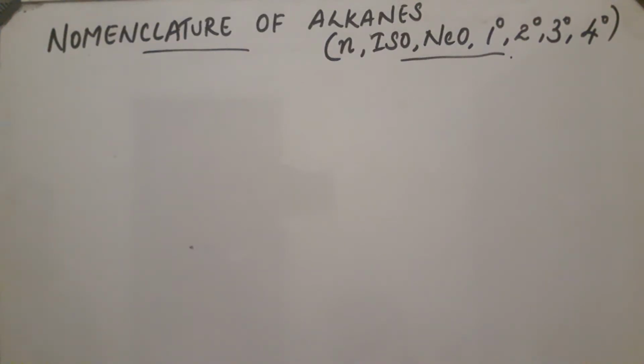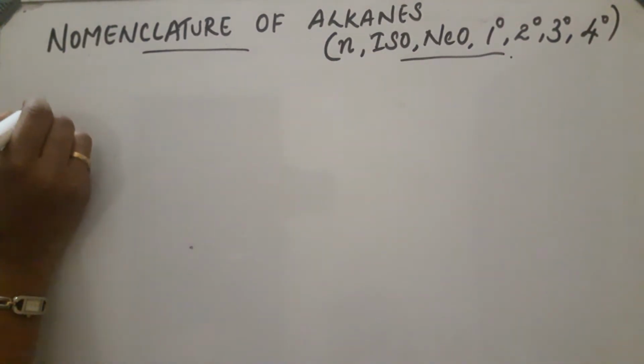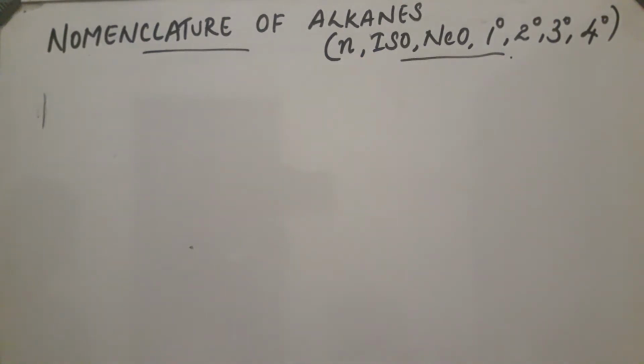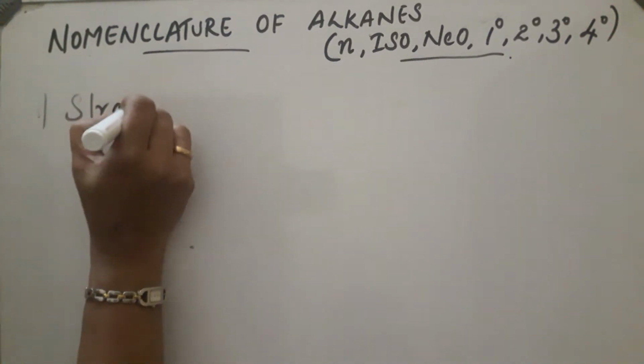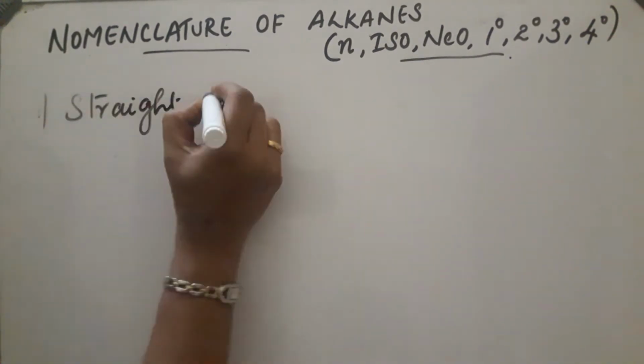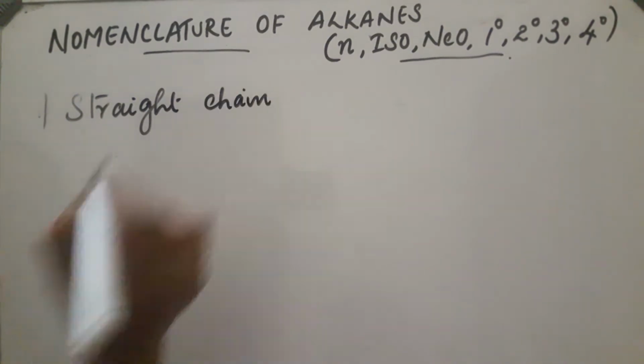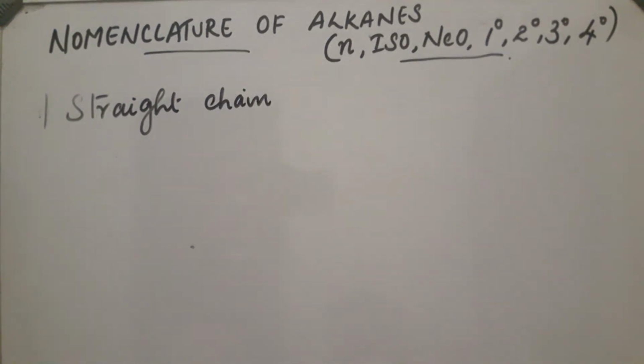Nomenclature of alkanes. Let us discuss a few more things about the nomenclature of alkanes. In the common system of naming, alkanes can also be named as follows. First, if the compound contains a straight chain or normal chain, we use a prefix n to the compound.